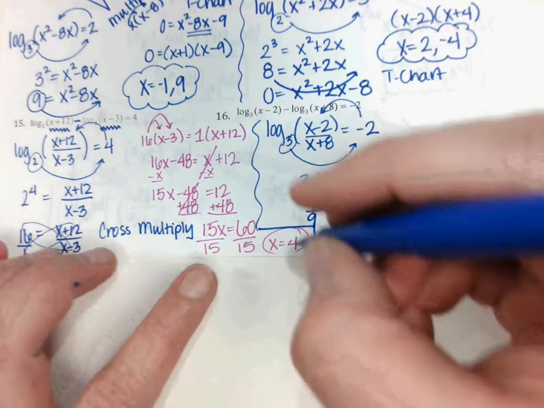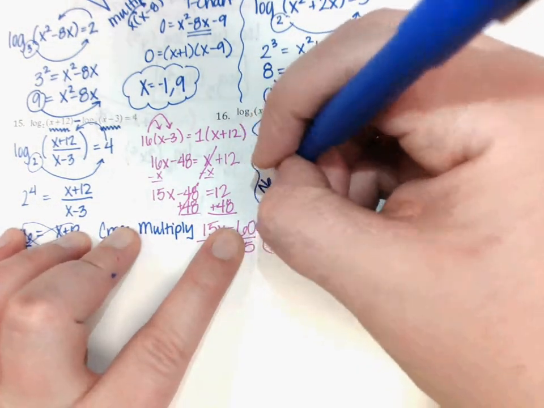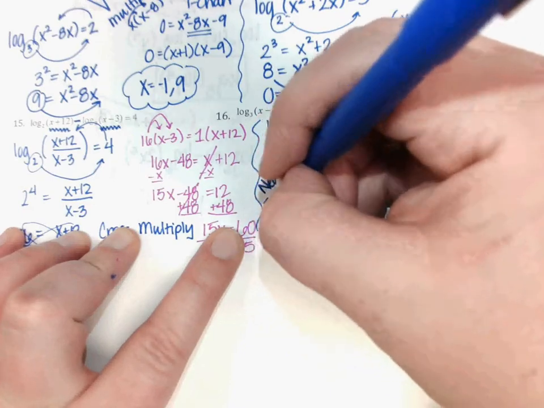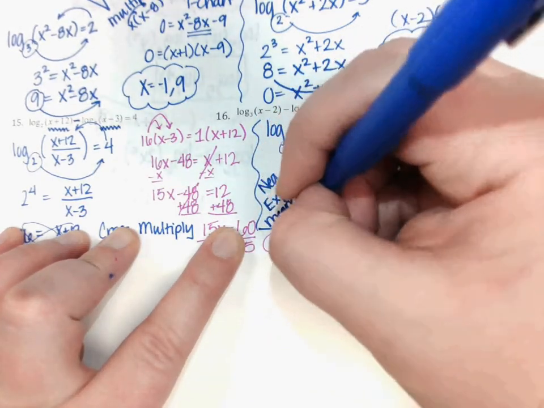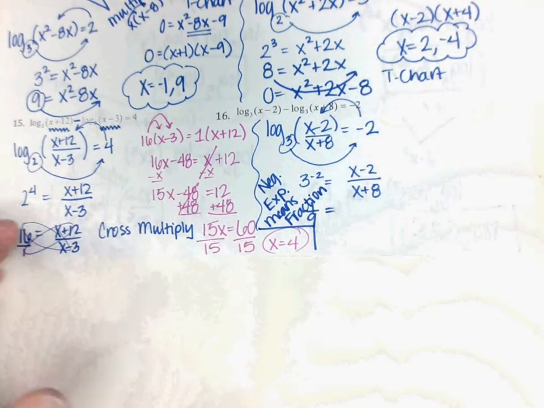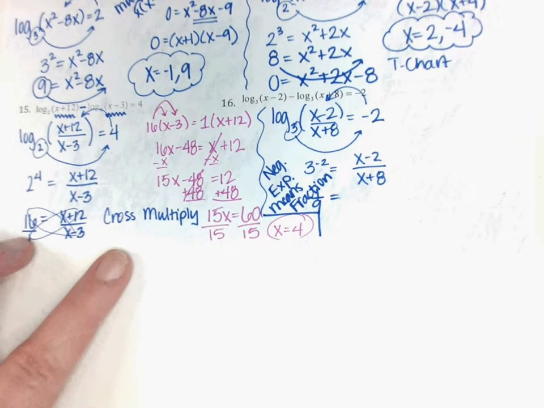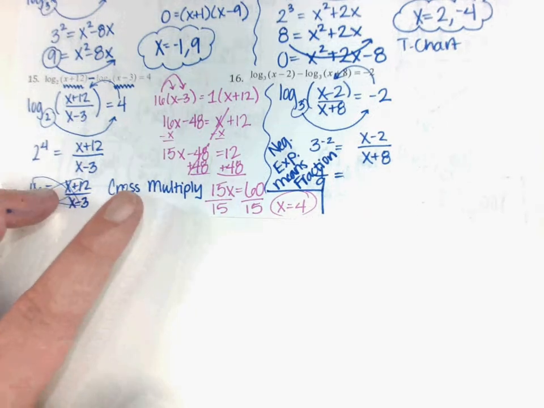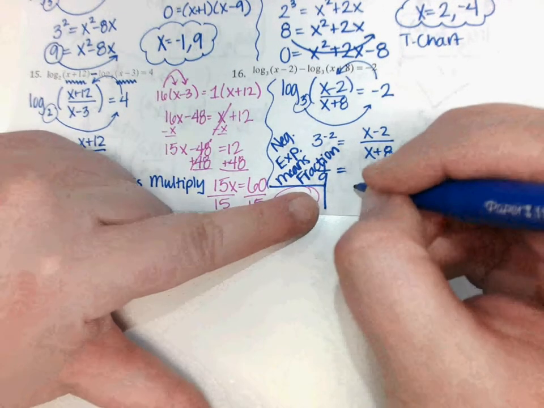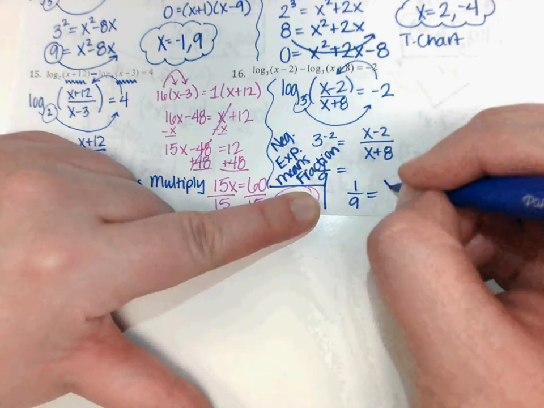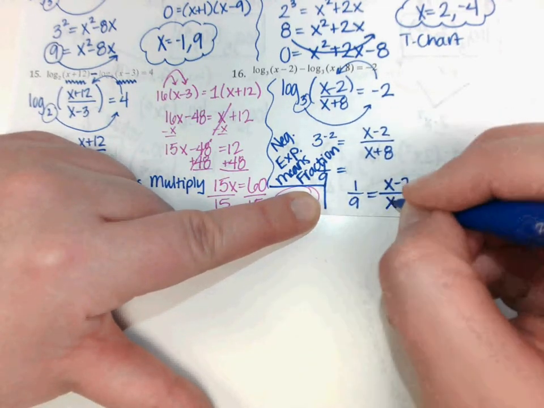Okay, and then I'll put a little note here. Negative exponent means fraction. Okay? So if it's a 3 to the negative 2, that's really a 1 over 3 squared, which is 1 over 9. So I'm going to rewrite that down here. I have 1 over 9 equals x minus 2 over x plus 8.